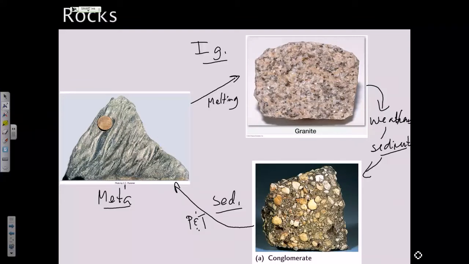Now, the cycle doesn't have to go in one direction. This sort of way of organizing it, it's sort of a counterclockwise flow. An igneous rock can go back and forth or directly back to metamorphic. Okay? We don't have to go onto weathering and sedimentation. The metamorphic rock never has to actually be melted.